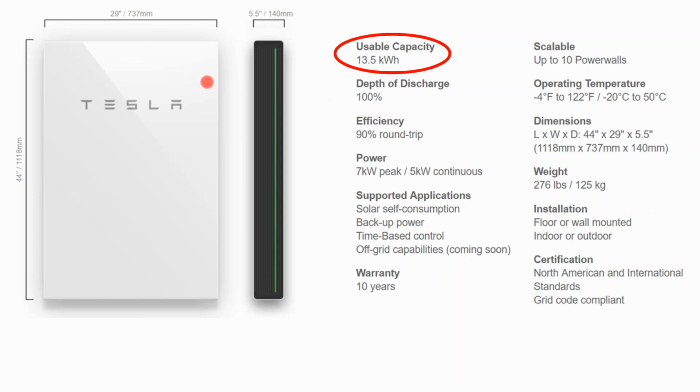But Tesla Powerwall is like a 14 kilowatt hour battery, and its usable capacity is 13 and a half. So they just list it at a lesser rating and say you can use 100% of it. So they give you a 5 kilowatt output rating, which means you really can't use this battery at a 50% depth, 50% discharge rate.